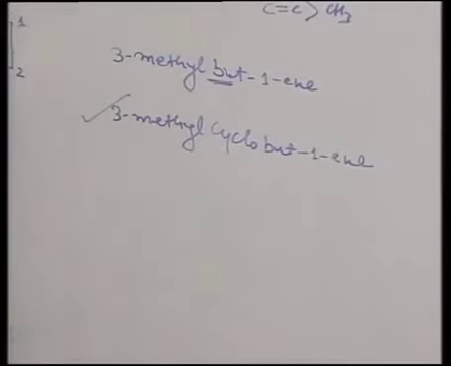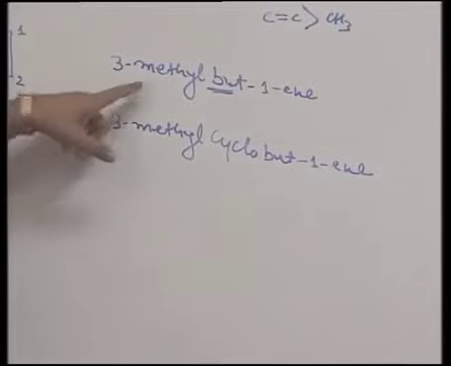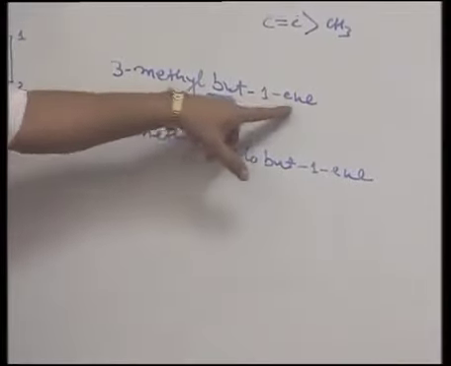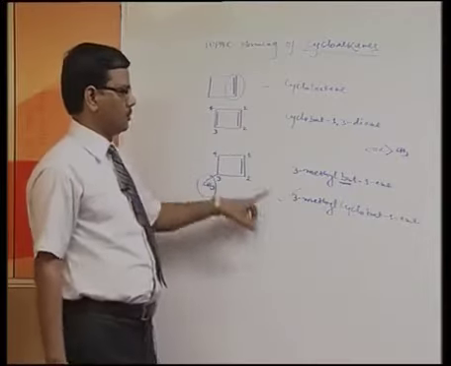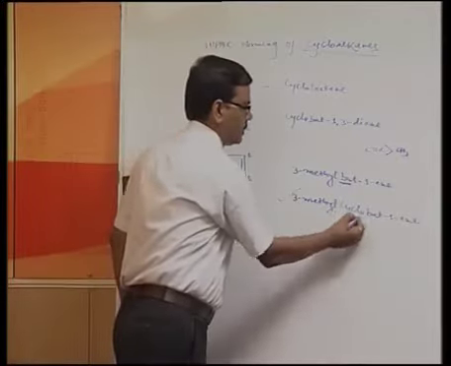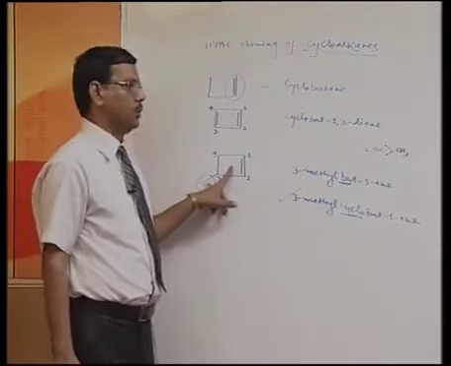This is the correct name for the written compound. Generally, students, you do this naming wrongly, this is incorrect because our actual structure is cyclic. So we have to add the word cyclo.